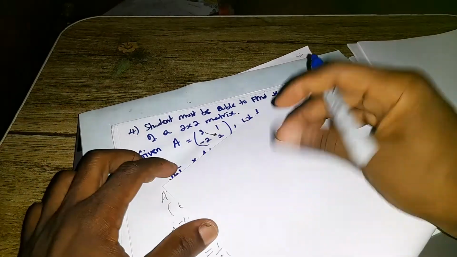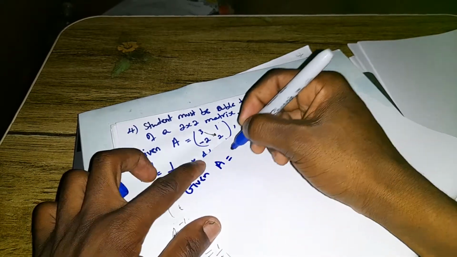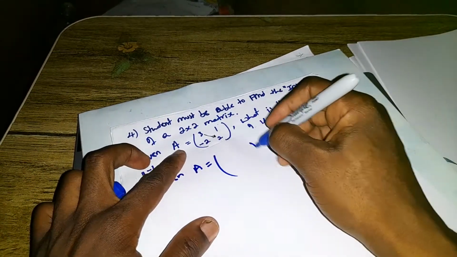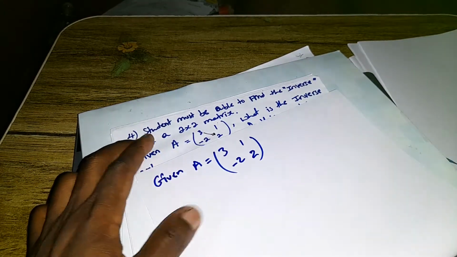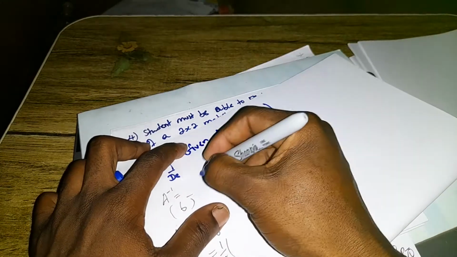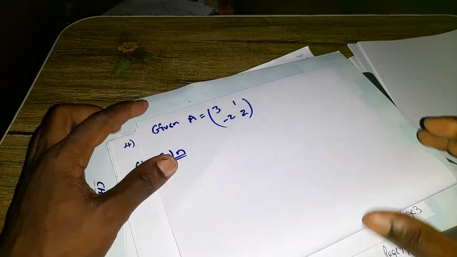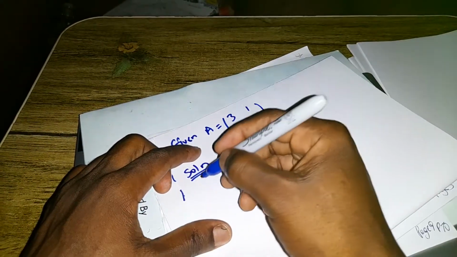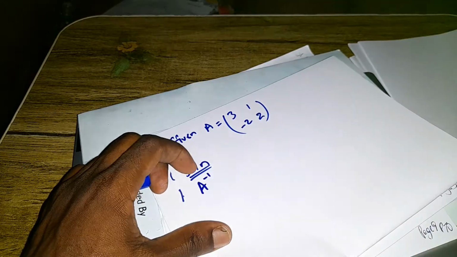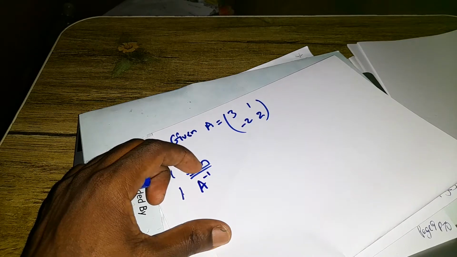Let us write back the matrix that we're given, the example. So given A, this is the matrix. The first thing you want to do is put your solution, show them where you're going to start from. If they ask for the inverse, it is normally denoted by A with negative 1 at the top.